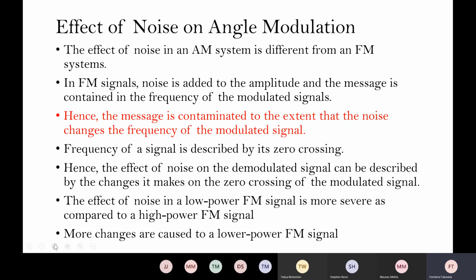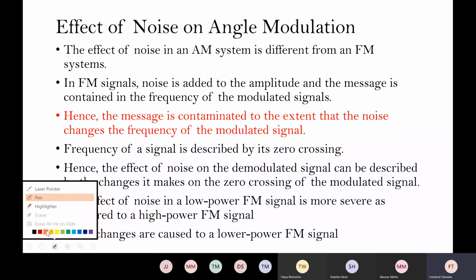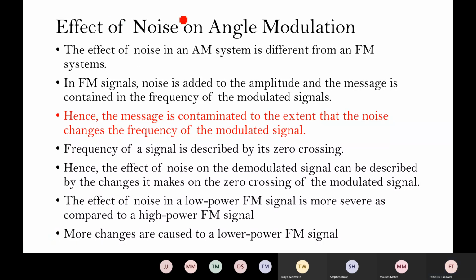Right, so that covers the performance of noise in linear modulation. What about if we're looking at nonlinear modulation, which we also call angle modulation? For nonlinear modulation, we looked at two schemes: phase modulation, PM, and frequency modulation.